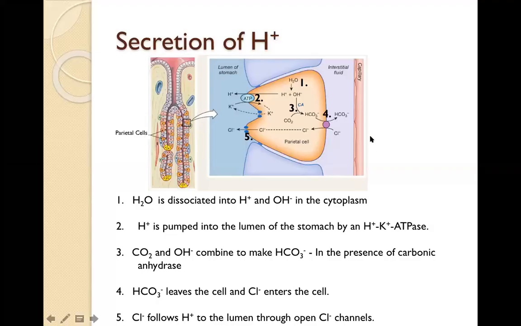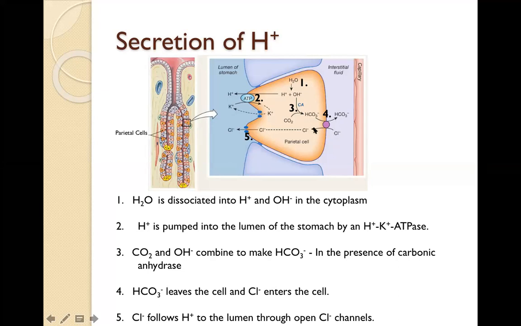Okay. So now we've essentially got rid of that hydroxide ion. We're now left with a bicarbonate ion, which also we don't want too much bicarbonate in the cell either. So we get rid of that bicarbonate ion. And so that bicarbonate ion gets transported out of the cell in exchange for a chloride anion.